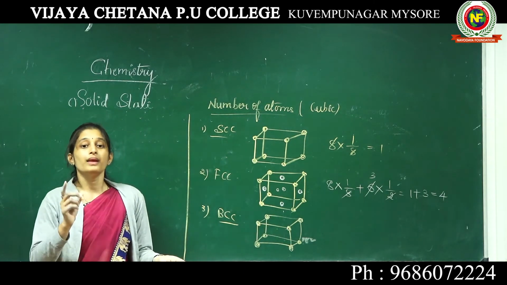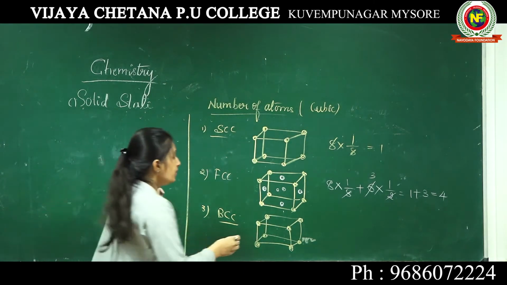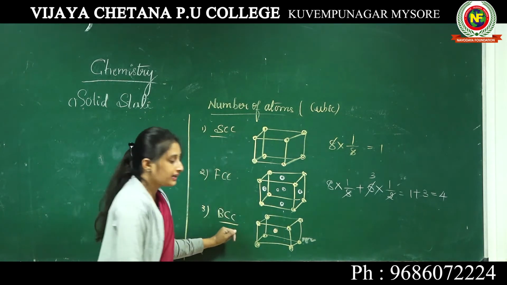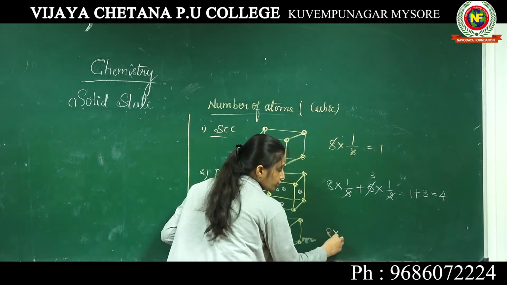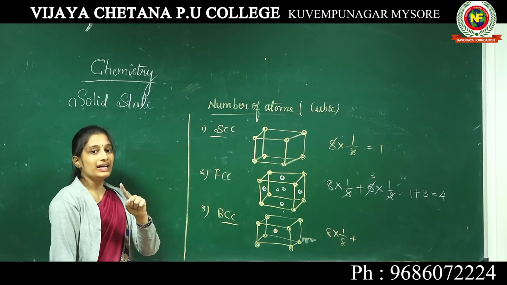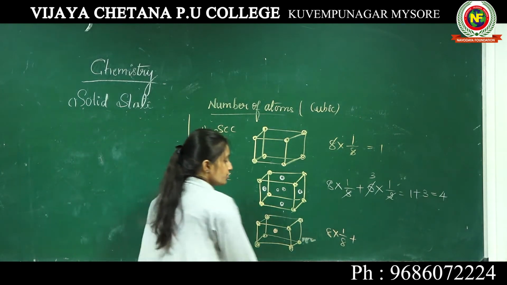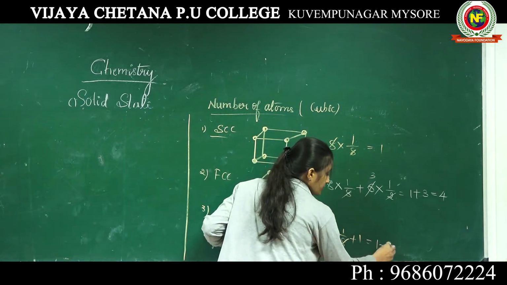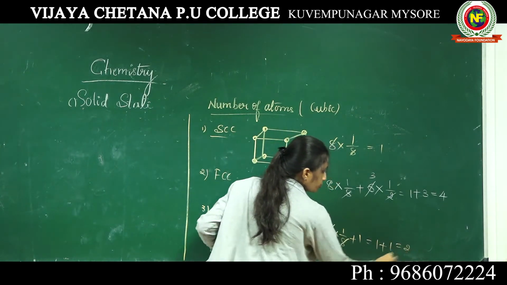That's why the name BCC, body center cubic crystal lattice. All the corners contain 8 atoms now. So 8 into 1 by 8 plus center of the body, only one atom. There is no sharing. So 1. So 1 plus 1, we will get 2.